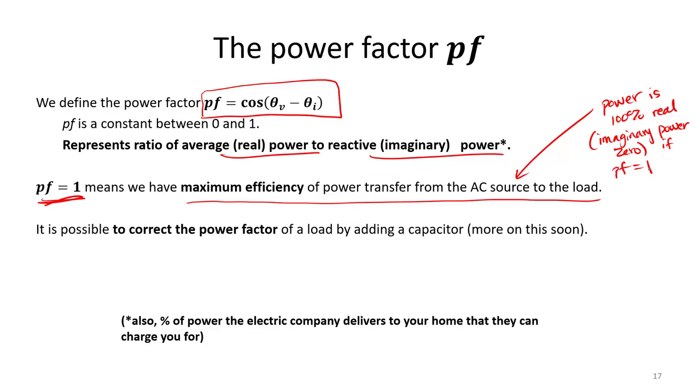On the other hand, if our power factor is equal to 0, then our power will be completely imaginary. And we'll see in just a moment that the power factor is actually something that we can correct. So if our power factor is somewhere between 0 and 1, we can actually add a capacitor to make our power factor potentially go higher and become closer to 1.